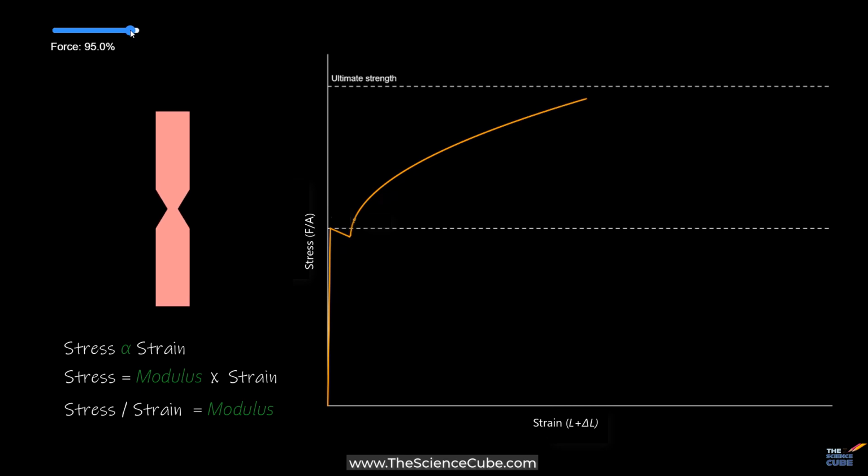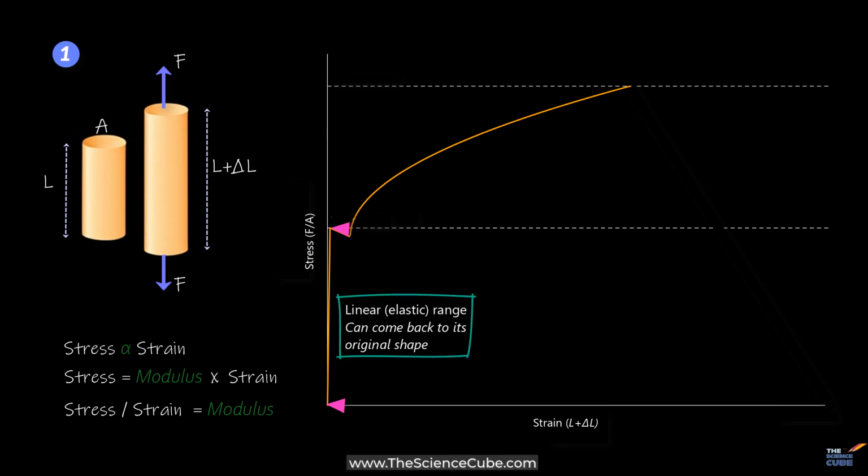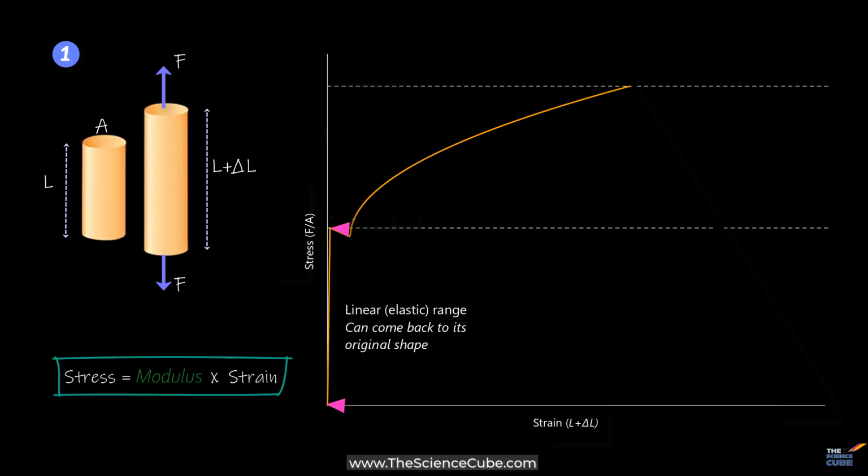And what we can see in this graph is that for a significant range of applied stress, we have a linear relationship between the stress and the strain, and the cylinder can recover its original length if the stress is removed. So this equation describes this situation, that is, a linear relationship between the applied stress and the strain.